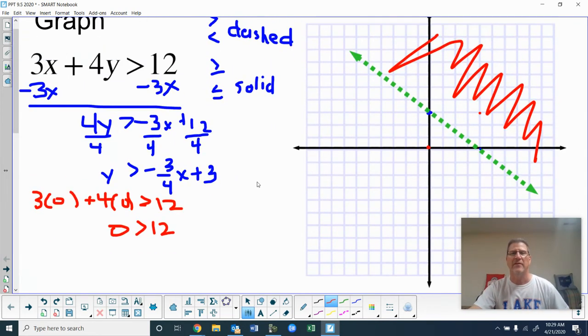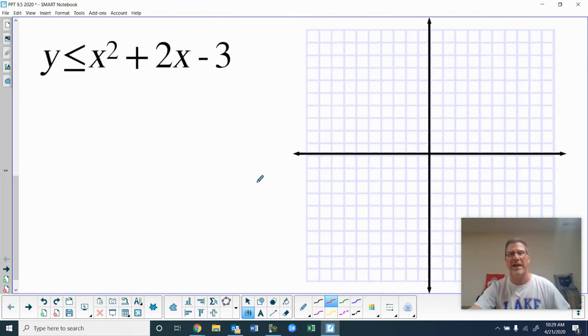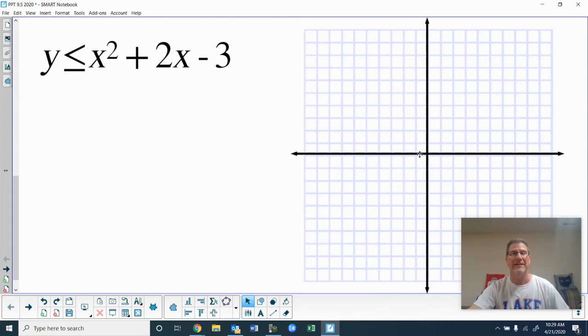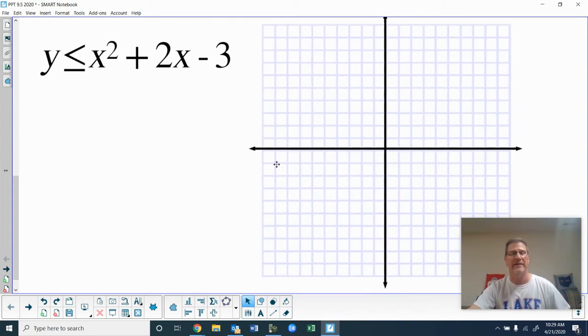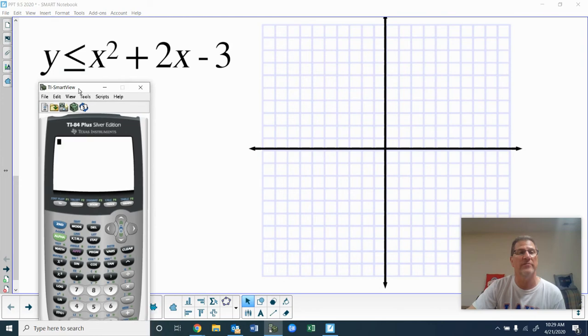Okay, so let's look at another one. Now this one is a quadratic. Okay, we got an x squared in here. All right, so what I would do on these, just go to your calculator. Remember, to graph, we're going to go y equals, and we're just going to put that in there.